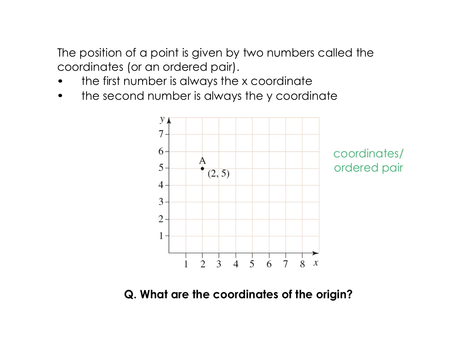Okay, the position of a point is given by two numbers called the coordinates. The first number is the x coordinate because x is before y in the alphabet. Remember the alphabet?